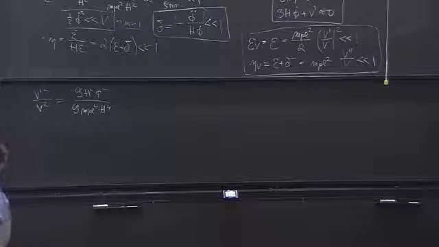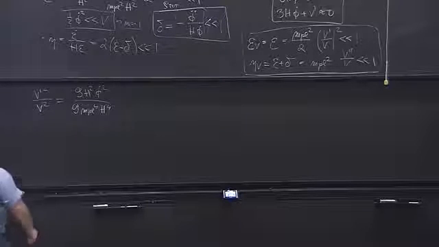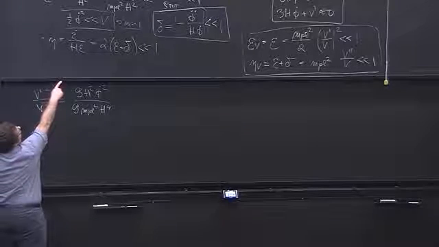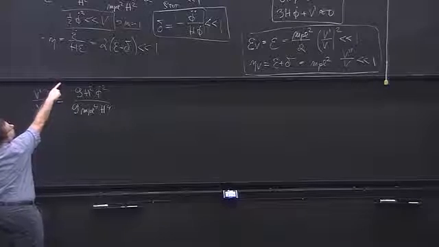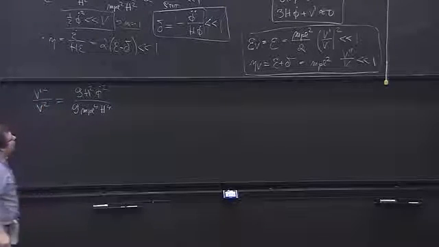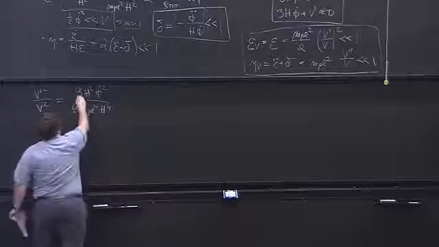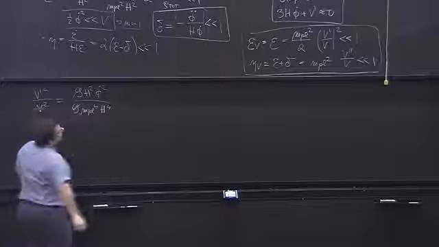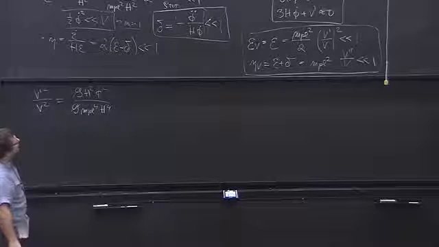Now you look at your definition of the parameter epsilon, which is phi dot square over m Planck square H square. So the 9 cancels.